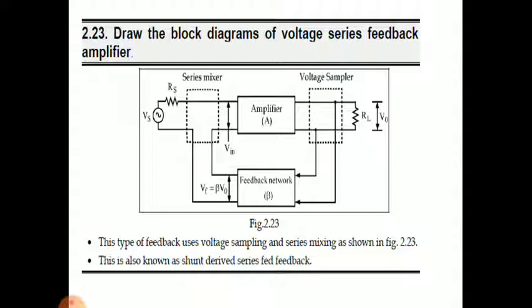We can call voltage sampling shunt sampling also, right? If you get confused by the words shunt and series, then use voltage sampling and series or shunt mixing. So with the two names, we have voltage series feedback amplifier, or shunt derived series fed feedback.